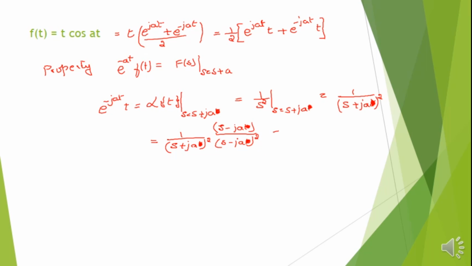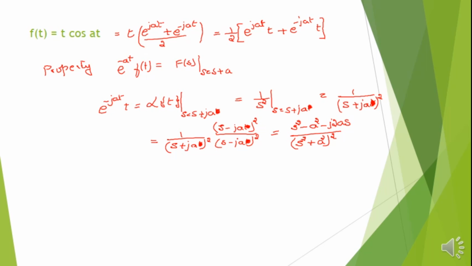In the denominator, s plus ja whole square into s minus ja whole square becomes s square plus a square whole square. s plus ja into s minus ja is equal to s square minus j square a square. j square is equal to minus 1, so s square plus a square. So in the numerator, s square minus a square minus 2jas.